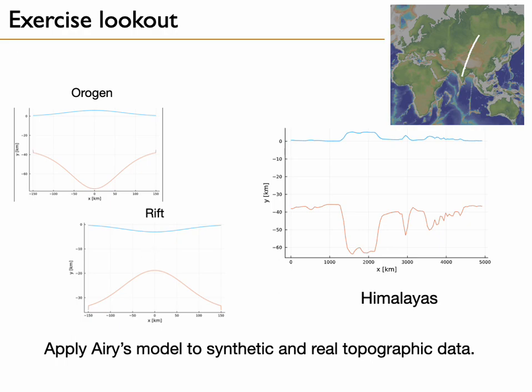And more than this, you will also use data. So I'll give you a topographic profile across India and Himalaya and further up, and you will predict the thickness of the Moho using the local isostatic models.